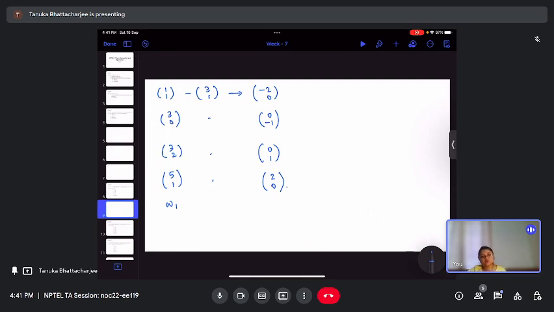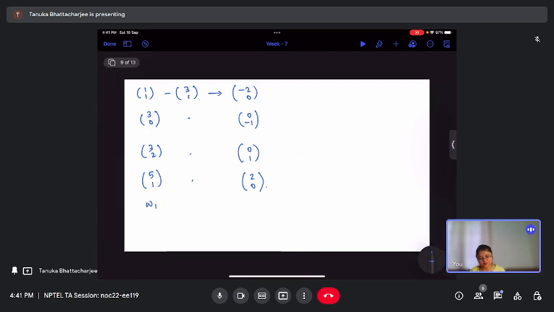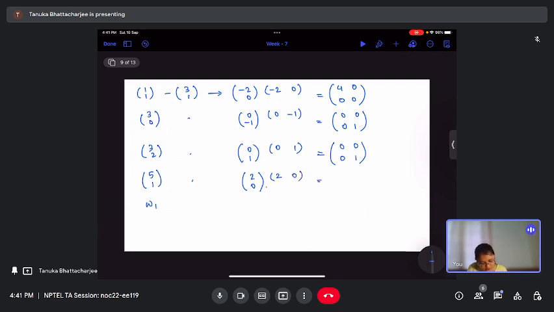Now you have to form the outer product of each of these vectors with its transpose. So, for (-2,0) you take the product with the transpose, and you get [[4,0],[0,0]]. For the next sample, (0,-1) with its transpose, you get [[0,0],[0,1]]. Next, (0,1) with its transpose, again you get [[0,0],[0,1]]. Last, (2,0) with its transpose, you get [[4,0],[0,0]].